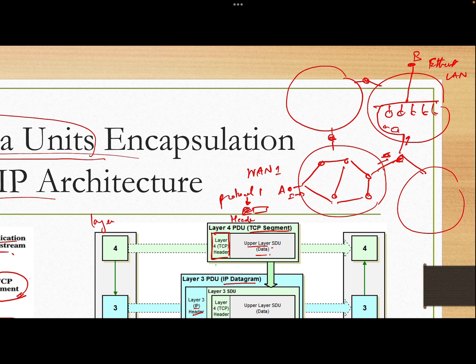Your packet at this point, you take this protocol 1 header out, and then you add an Ethernet header and Ethernet footer here, and then you can send it inside the Ethernet LAN.